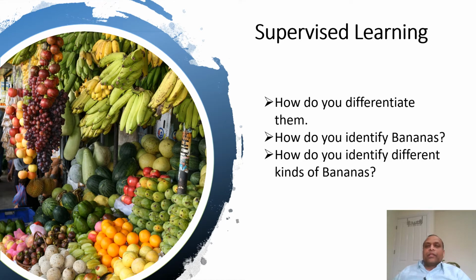Somebody trained you, somebody gave you some test data, and that test data is embedded in your brain. Now, as soon as you see a known fruit, you will tell me that this is a banana or this is an apple, this is an orange, this is a grape, this is a plum, etc. Right? So you don't need to really worry about it.